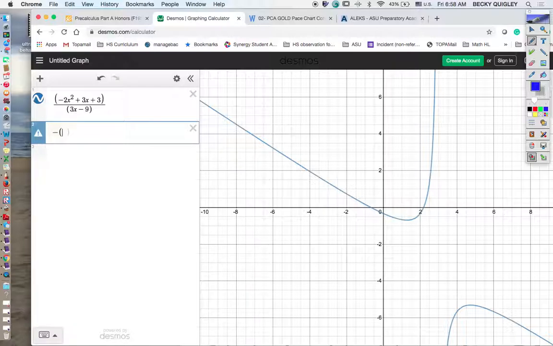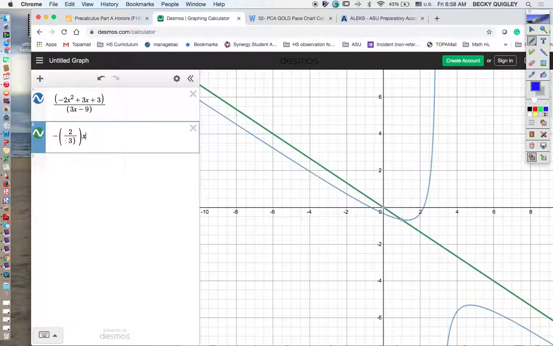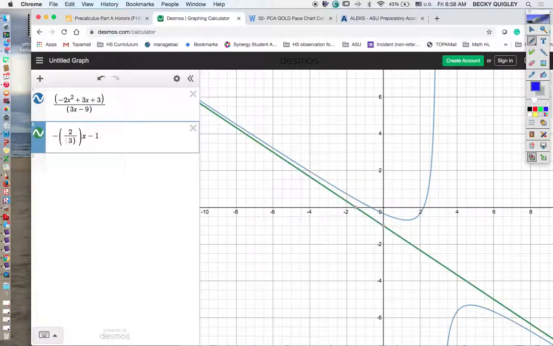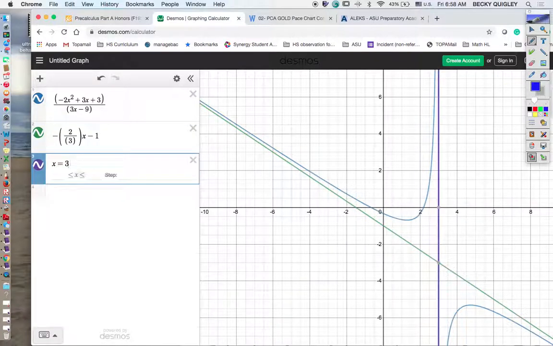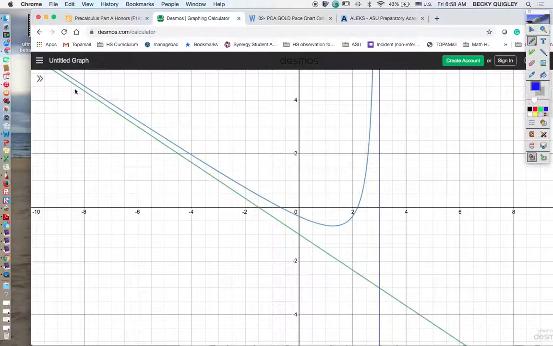Negative 2/3 x minus 1. Look at that. And let's graph x equals, I think it was 3, yes. Beautiful. Okay, so if we had been doing this by hand, we would have plotted this line and plotted our vertical asymptote, and then you can see this graph is getting very close to this line.